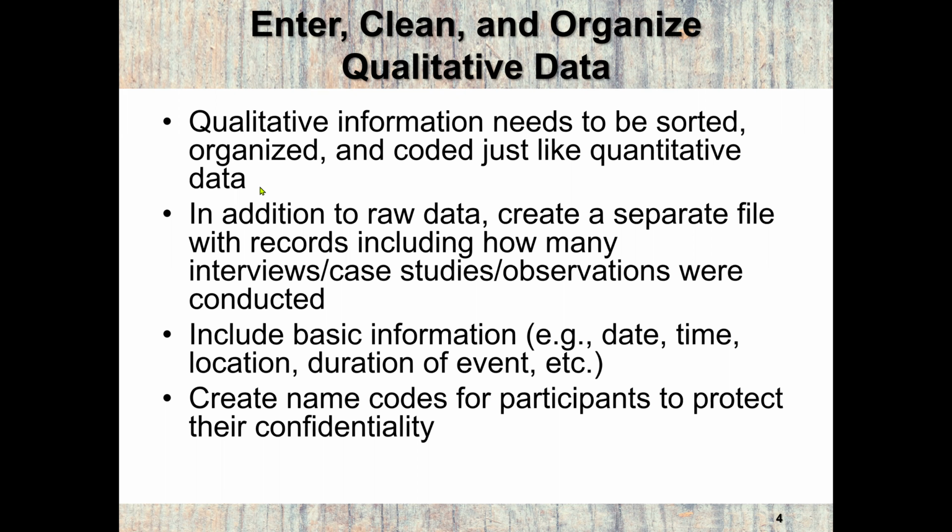Qualitative information needs to be sorted, organized, and coded, just like quantitative data. So the data preparation method is the same. The difference is that quantitative data is numerical data, so we can do a lot of arithmetic operations, and we can also use parametric testing methods to analyze the data.